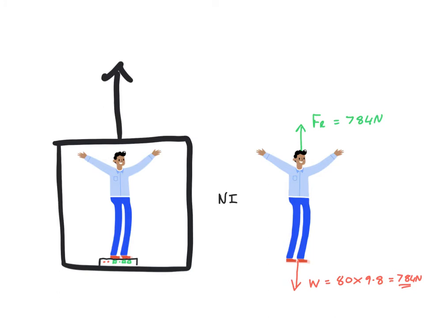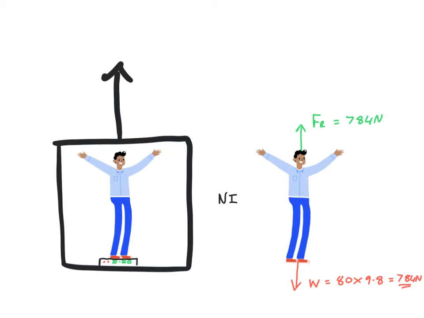So the scales exert a force on you because you're exerting a force onto the scales. That's actually Newton's third law that's causing that, but we're focusing on Newton's first law because Newton's first law applies to the guy himself because he's at rest. So the forces on him must be balanced. His weight is pulling him down, and then the reaction force from the scales is pulling him back up again.